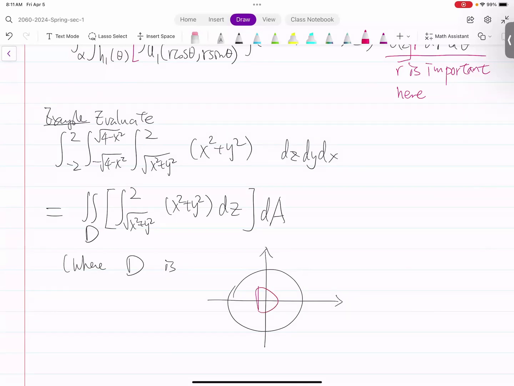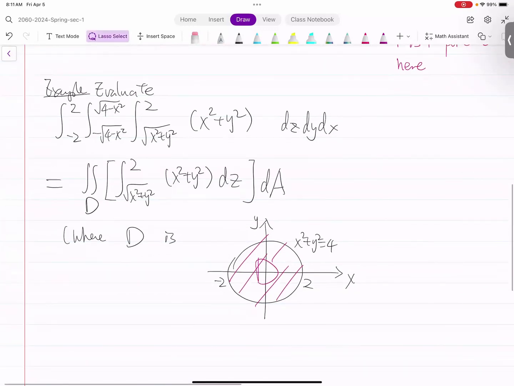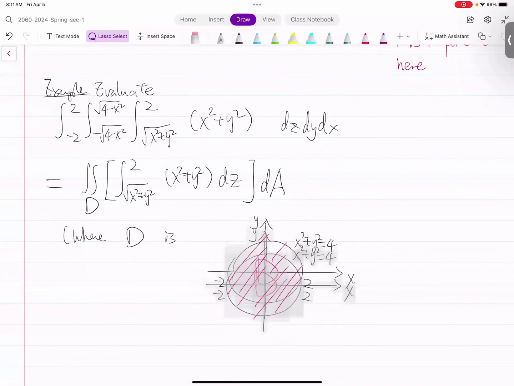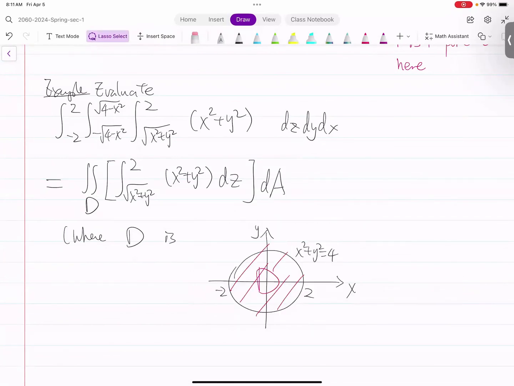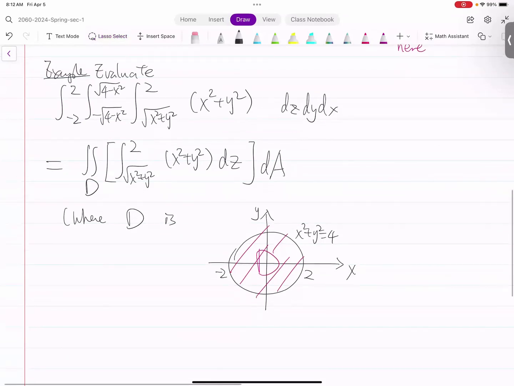Our region D is something like this, and x is between negative 2 and 2. The boundary is x squared plus y squared equals 4. So the upper bounding function is the upper semicircle, and the lower bounding function is the lower semicircle.